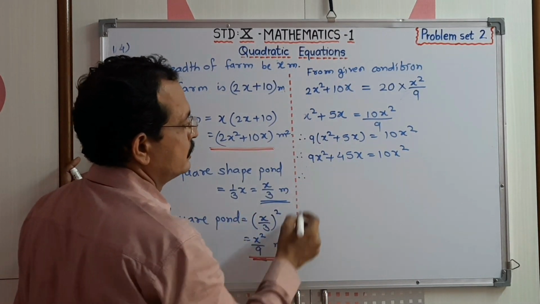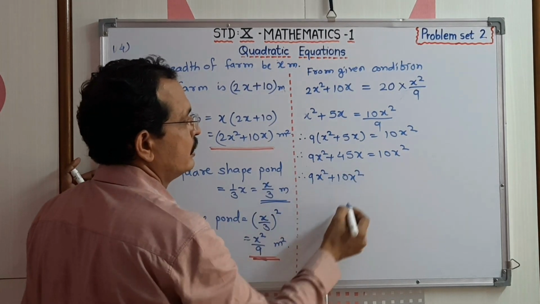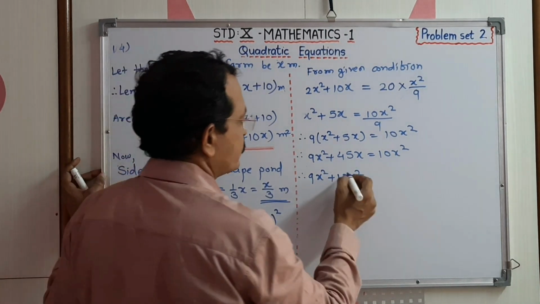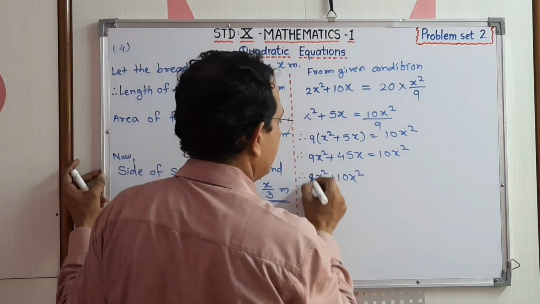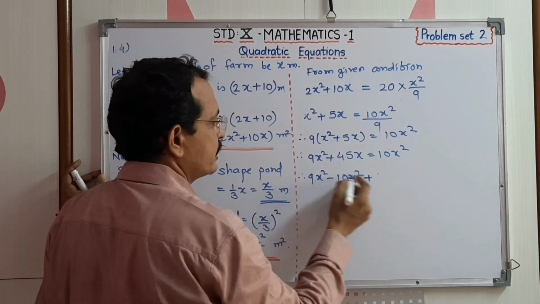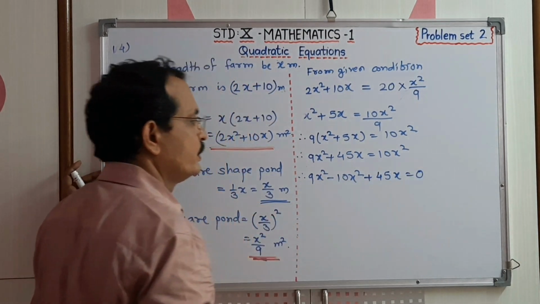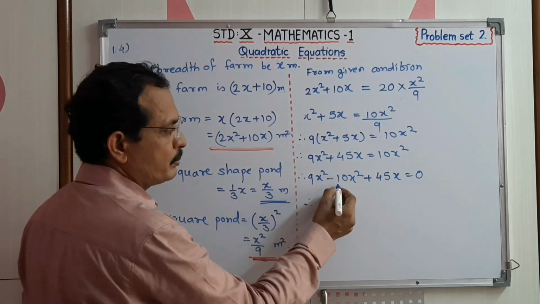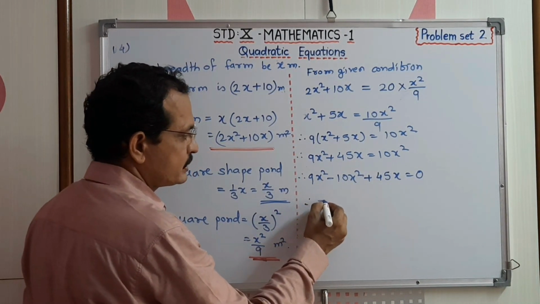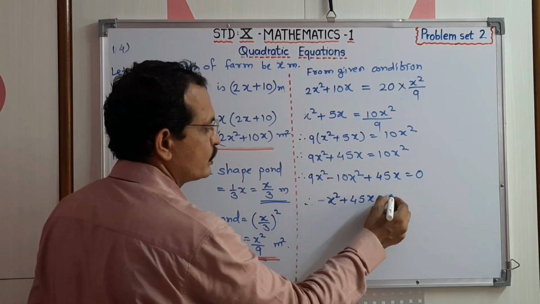Therefore, 9x square minus 10x square plus 45x is equal to 0. Now see here, 9x square minus 10x square is minus x square plus 45x is equal to 0.